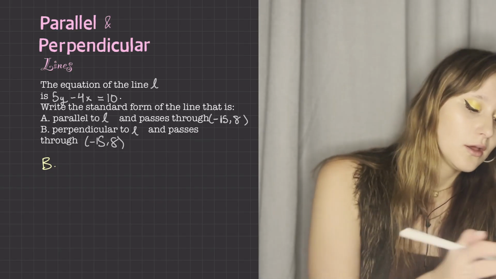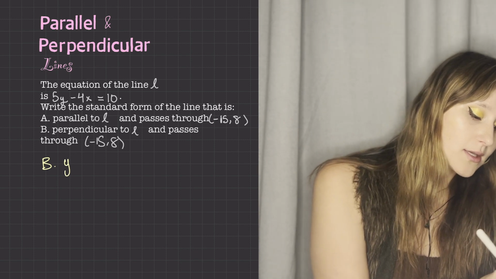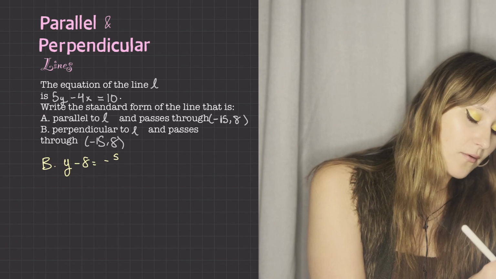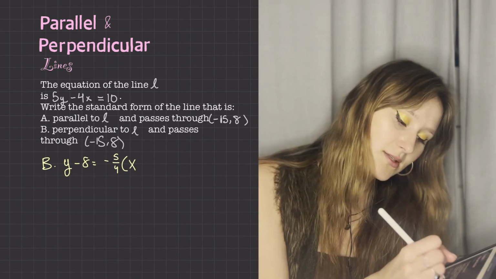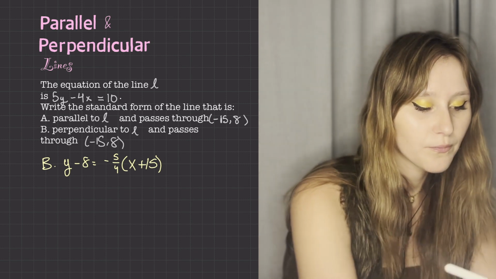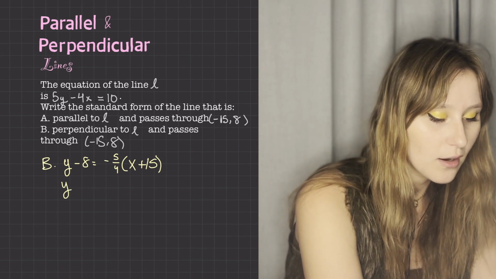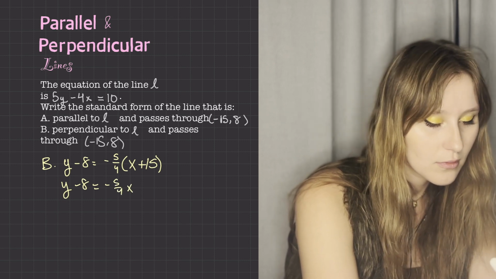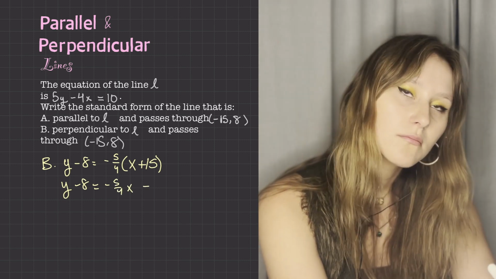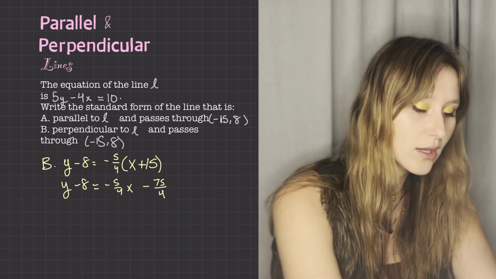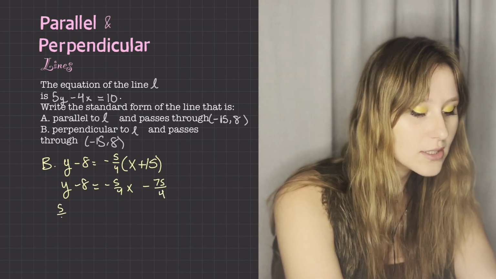Okay, part B. We got y minus 8 equals minus 5 over 4 x plus 15. Okay, same line, different slope. And then we are going to distribute, and then we are going to turn it into standard form.